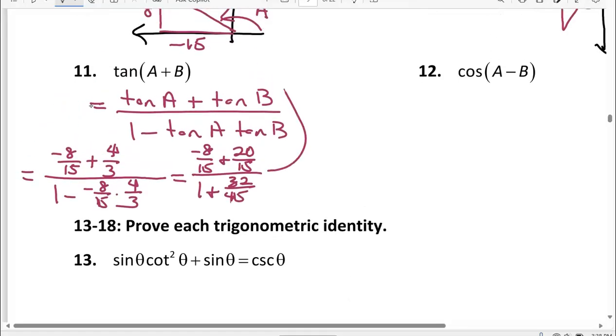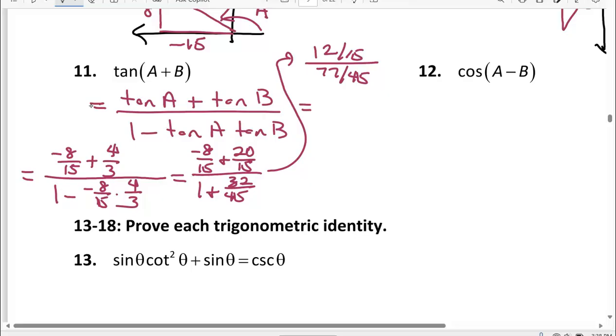So we have a little bit more arithmetic to do. -8/15 plus 20/15 is 12/15. And then downstairs we have 1 plus 32/45. That's 45/45 plus 32/45, which is 77/45.